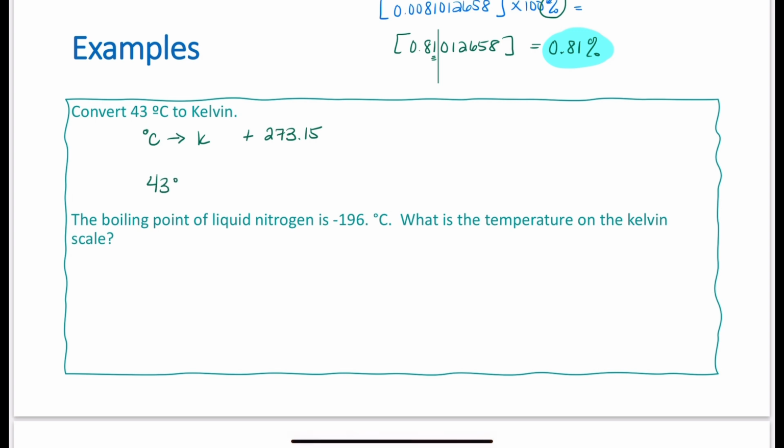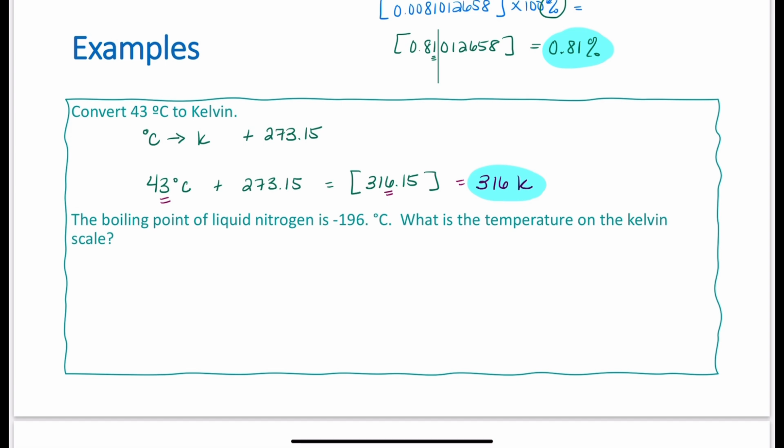I have 43 degrees C plus 273.15. This gives me a numerical answer of 316.15. My sig figs here: this is precise to the ones position, so I can keep my answer to the ones position. So my final answer is 316, and I'm not going to forget my units. I'm going to write a K there for Kelvin.